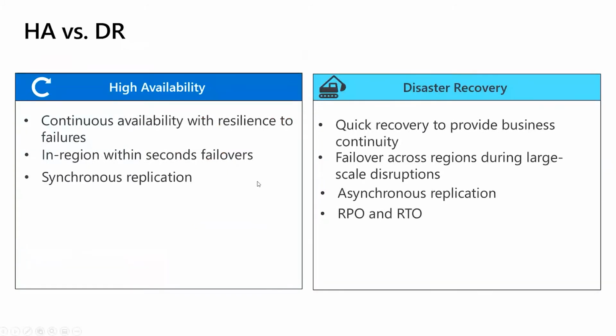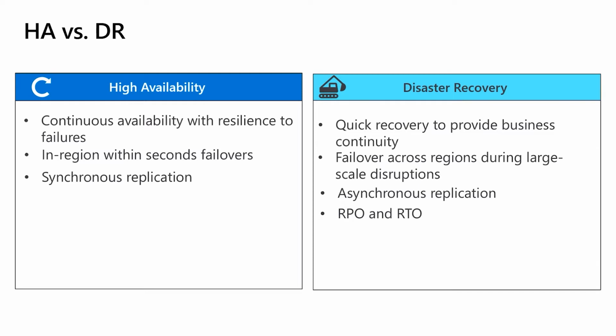Now, before jumping into the disaster recovery solution that we offer in Azure, first I want to put the difference between high availability and disaster recovery. High availability is in the same region, right? And the replicas are synchronous.